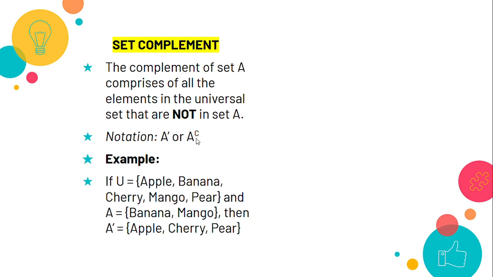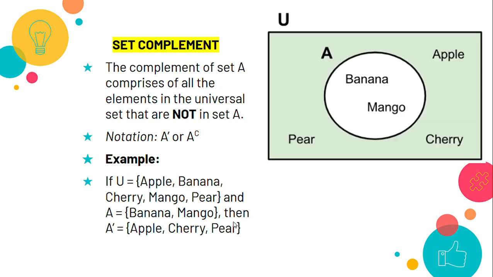So if we have a universal set that contains the fruits apple, banana, cherry, mango, and pear, and set A contains the fruits banana and mango, then the complement of set A, which we're calling A prime, would be all the fruits not in set A. So the apple, the cherry, and the pear. And we can look at this on a Venn diagram.